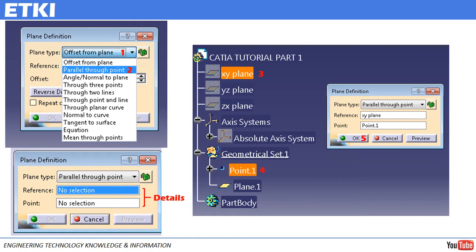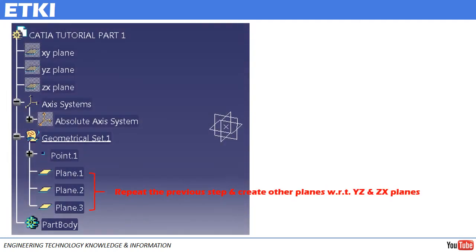After selecting the reference and point, click on OK. When you click on OK, it will create the plane, that is the final output. Using the same method, create two more planes with respect to YZ and ZX planes. Once you create the planes, you can see all the three planes and the point that we have created so far under the geometrical set.